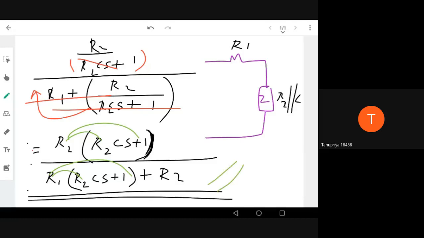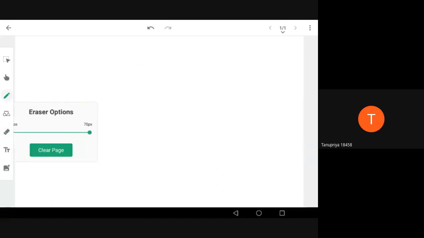So now I'll give you one more question. Okay, now I'm giving a question. Now we already did this circuit, right? With a resistance and a capacitance.